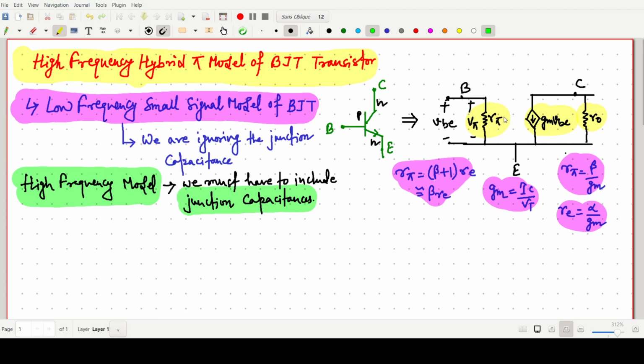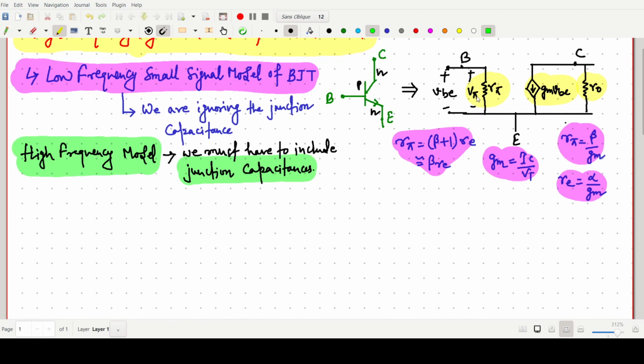So for the NPN transistor, this one is the low frequency model. Now we are looking for the high frequency model. So how do we make the high frequency model? I am going to draw it. It is very similar to this one.